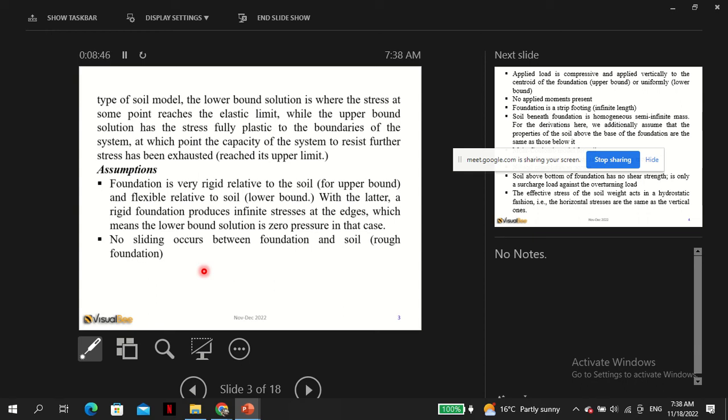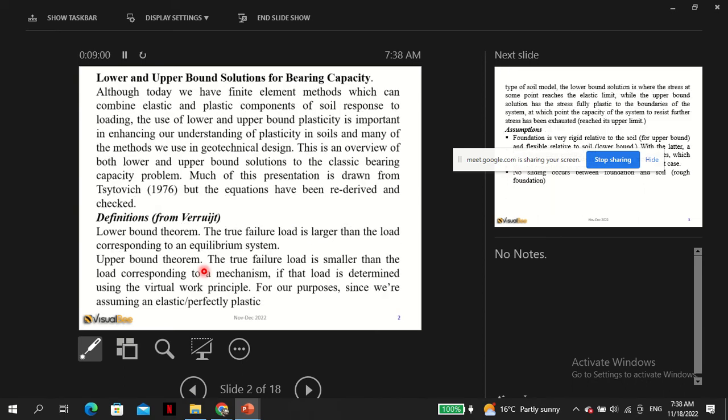So this is just to show you that in reality it is difficult to determine the bearing capacity with certainty, and so to circumvent this issue there is a proposition of some lower limit and some upper limit bounds, so we will be sure that our bearing capacity lies somewhere in between.